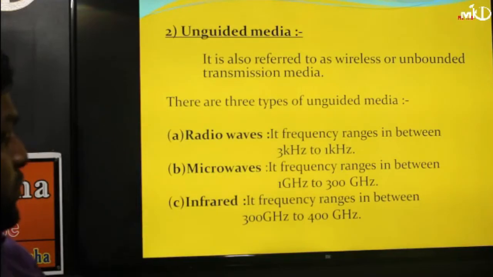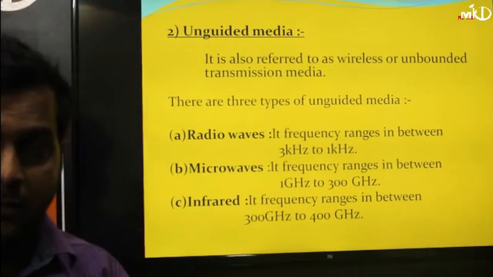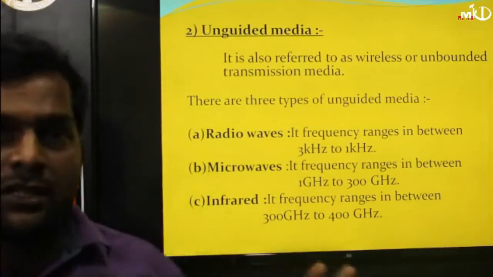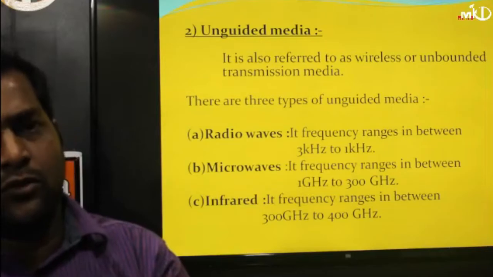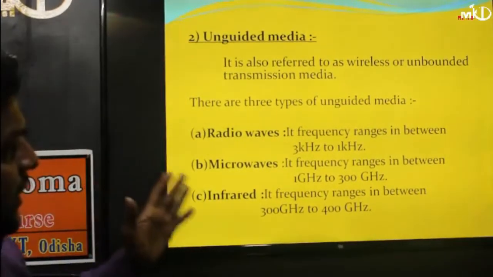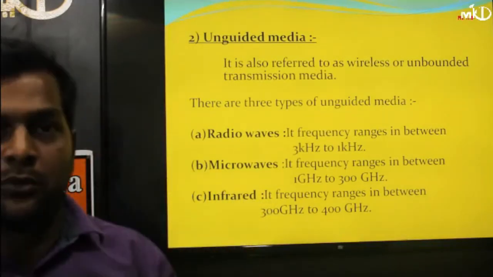Infrared has a frequency range of more than 300 GHz, which is the high-level case. Frequency equals 1 by T, as we know mathematically. So that is the category according to how much frequency range we need, and accordingly that wave will be used.